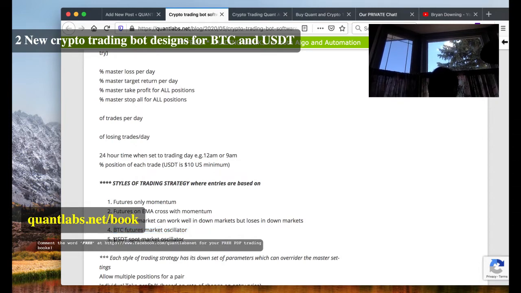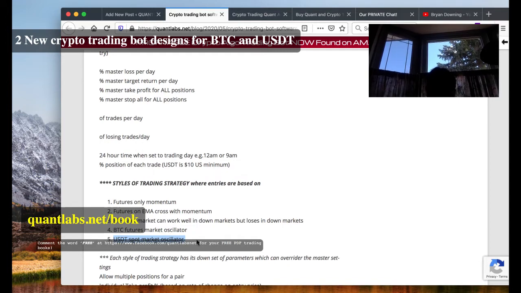I've also tested out a similar bot. It's an oscillator, but for the spot market in the USDT market, and there's about 120 pairs to choose from.